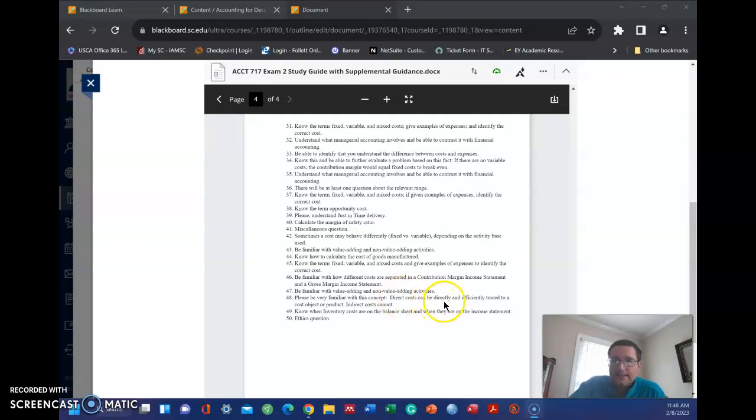Direct costs can be directly and efficiently traced to a cost object or a product. That is the classic definition of direct costs. Sometimes they won't put in the efficiently part, but there's all sorts of direct costs, right? The question is efficiently, and that is a determination for the individual company. So it might not be efficient to do so. I don't think it's efficient to measure the amount of paint per lawnmower.